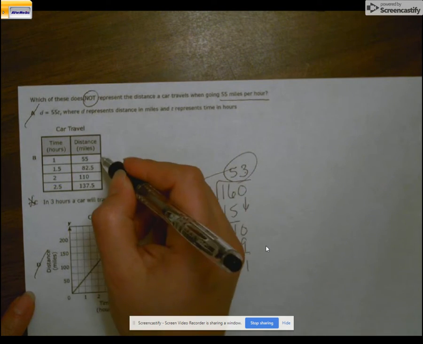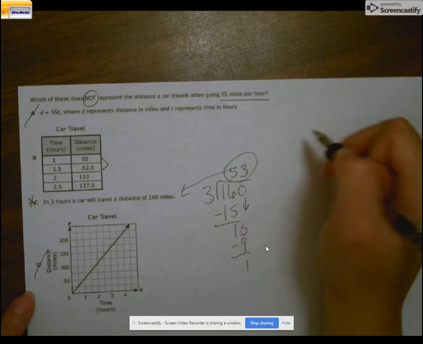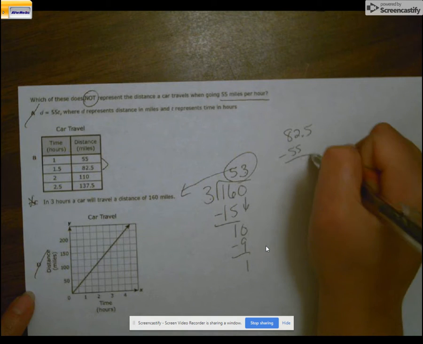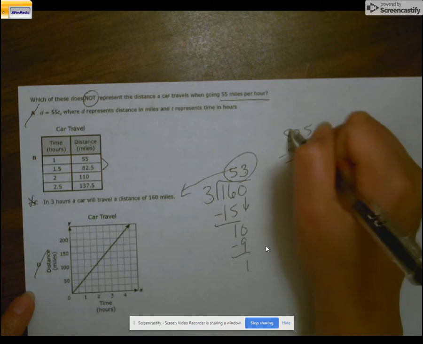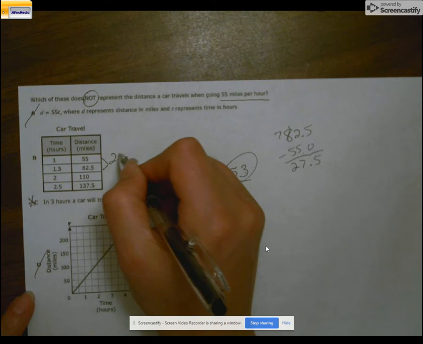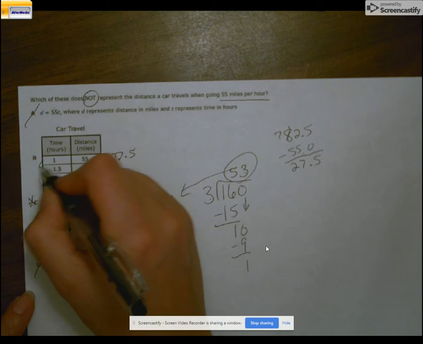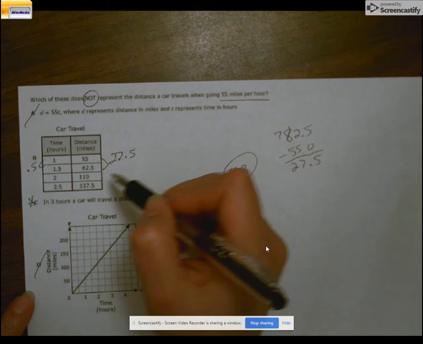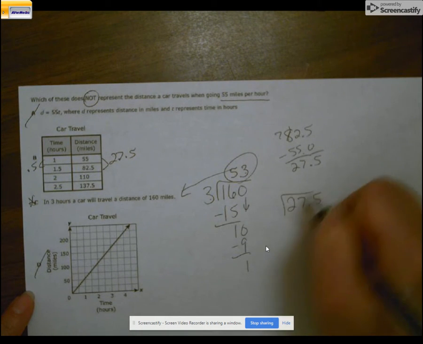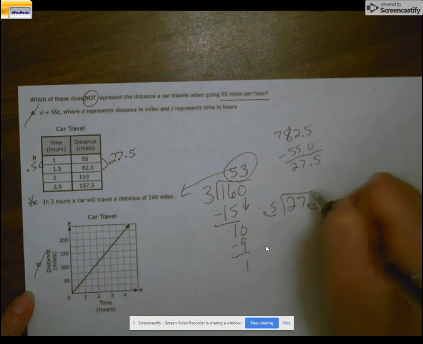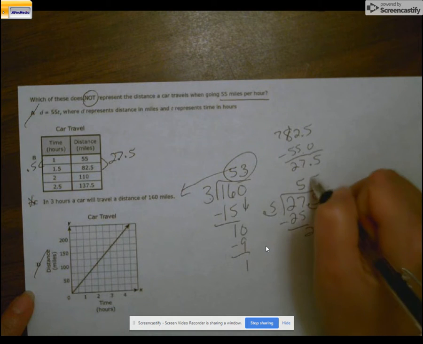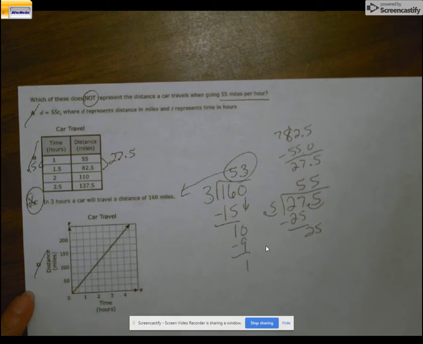So let's see what it's changing here. It's like 82.5 minus 55, which is 27.5, and 0.5. So 27.5, again, change in y over change in x. That's 55, so that can't be my answer, so C it is.